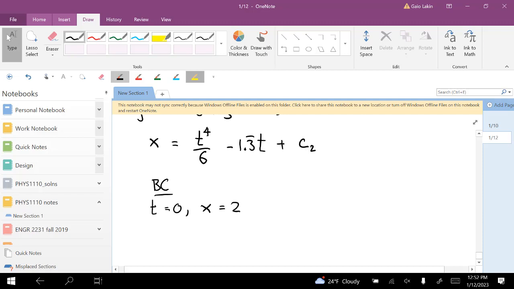So plug that into this expression here. We have 2 is equal to 0 to the 4th over 6 minus 1.3 repeating times 0 plus C2. So C2 is equal to 2.